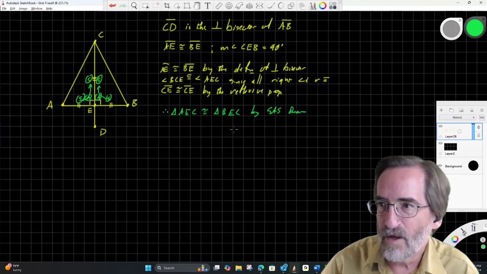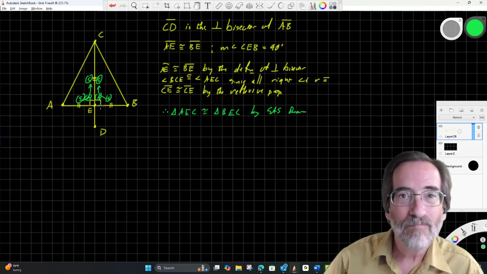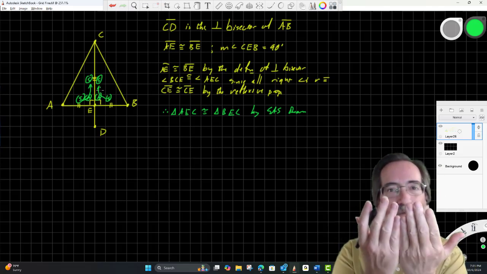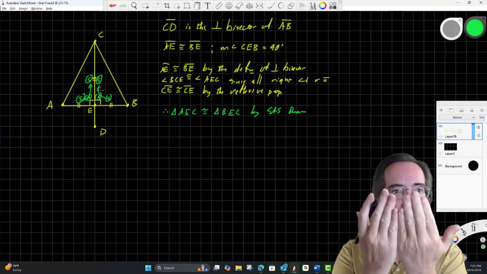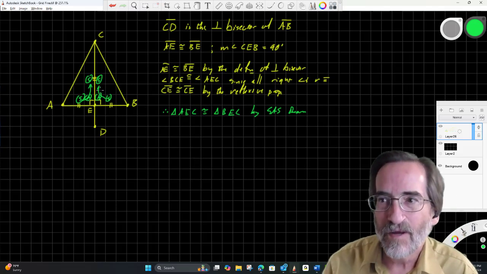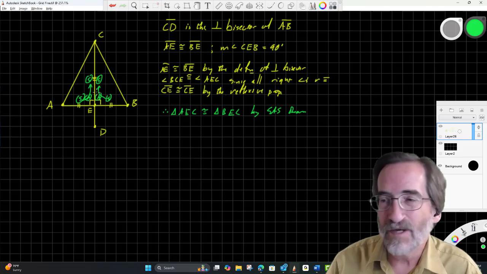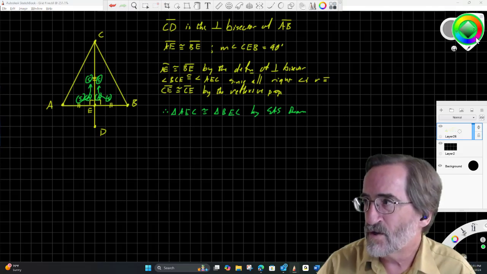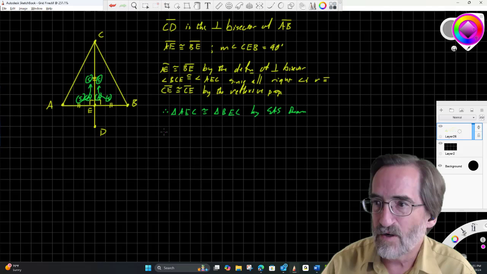Okay. Now, what does that mean? It means the two triangles are the same shape, and they're congruent to each other by reflection, right? One flips over to become the other. But that's not a proof, that's a demonstration. This is a formal proof that the two triangles are congruent. And we know if two triangles are congruent, then so are all their parts.